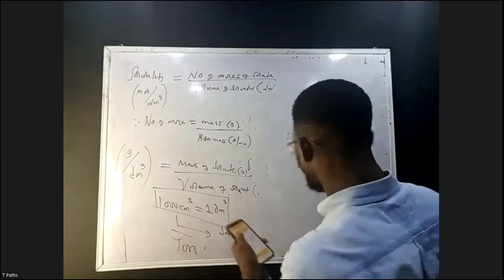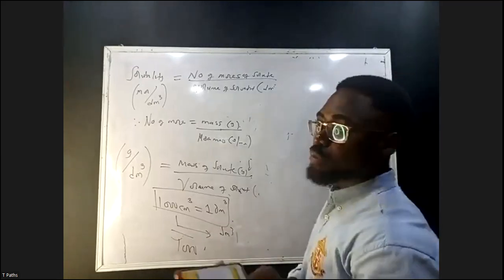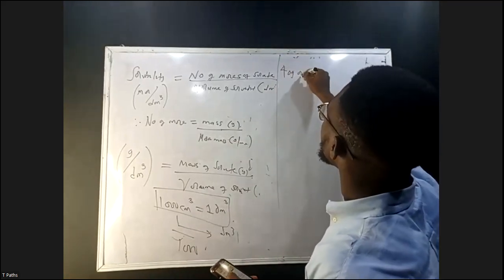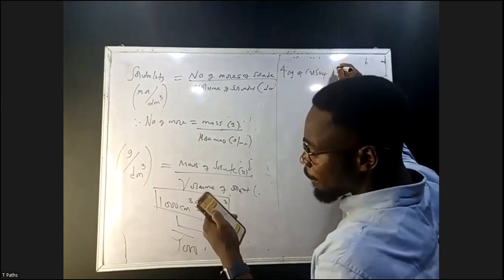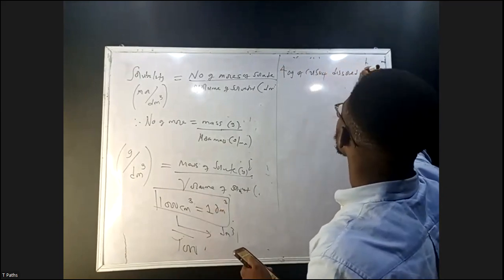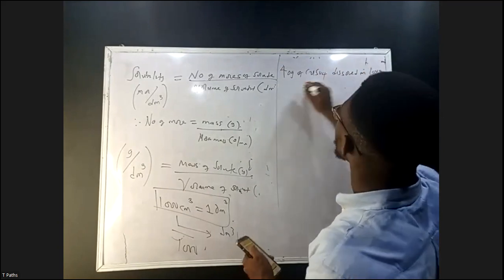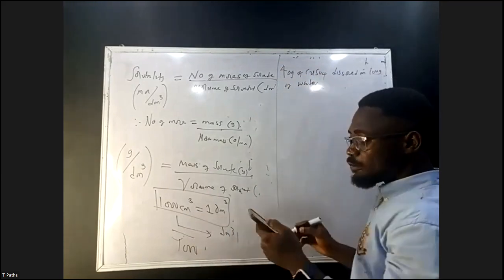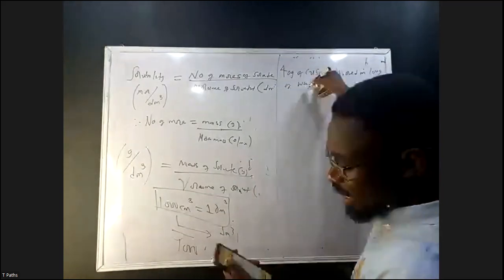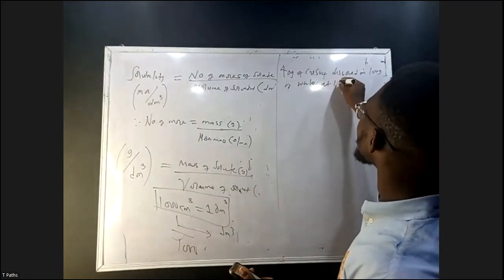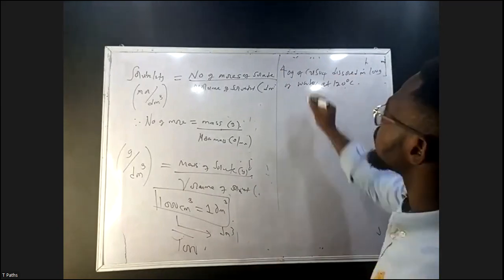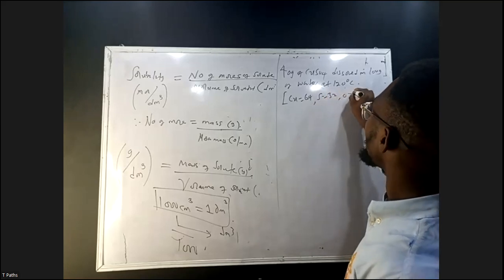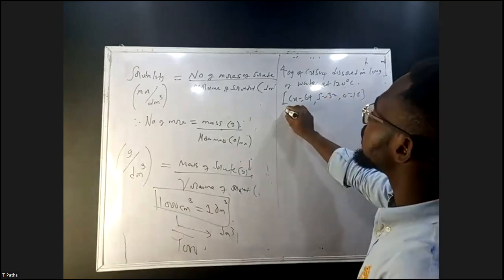Calculate the solubility in moles per dm³ of 40 grams of CuSO4, that's copper sulfate, dissolved in 100 grams of water at 120 degrees Celsius. The question gives that Cu is 64, S is 32, O is 16. So we are asked to get the solubility in moles per dm³.